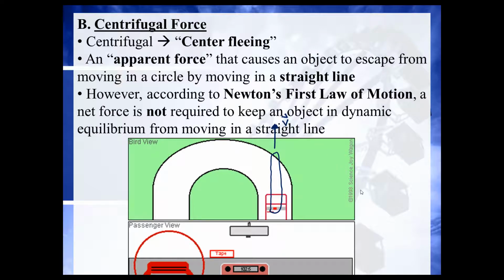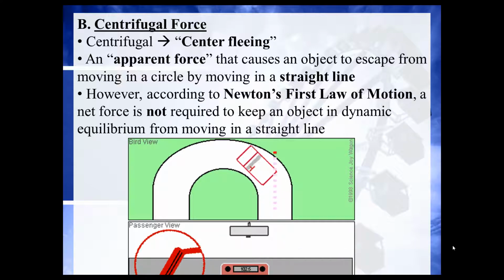Now, here's why the force doesn't actually exist. Newton's first law of motion simply tells me that if an object's at rest, it'll stay at rest, or if an object's moving at a constant velocity, it will continue moving at a constant velocity until you subject it to a net force. So in this case, again, I'll stop the animation in a moment.